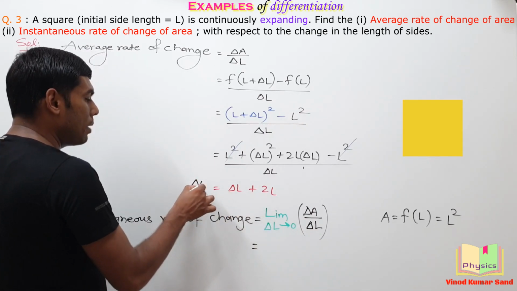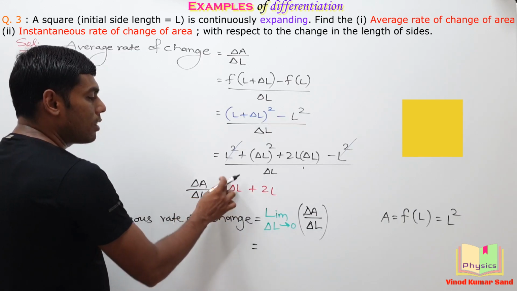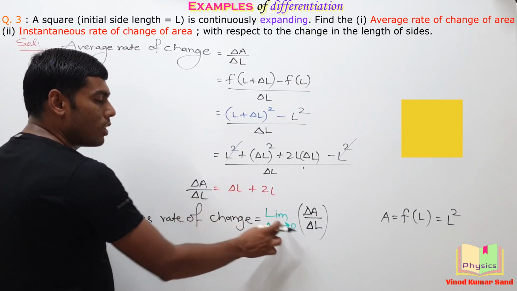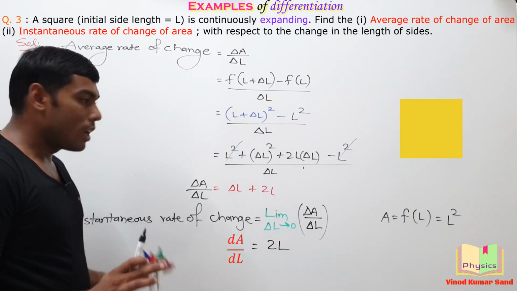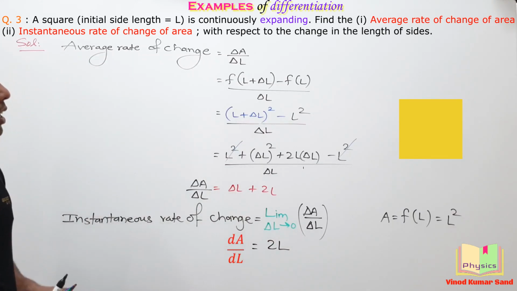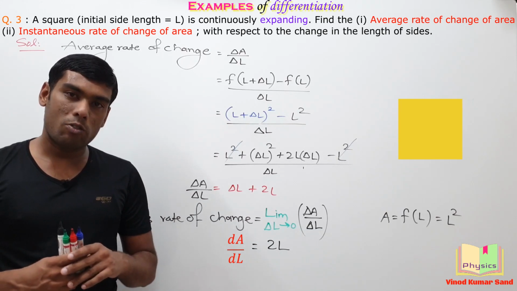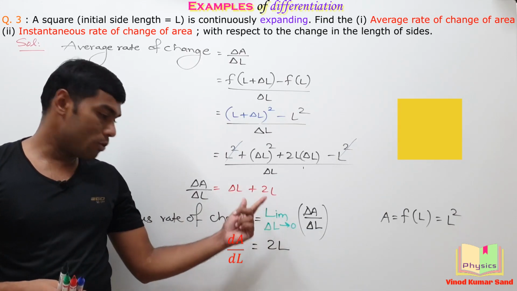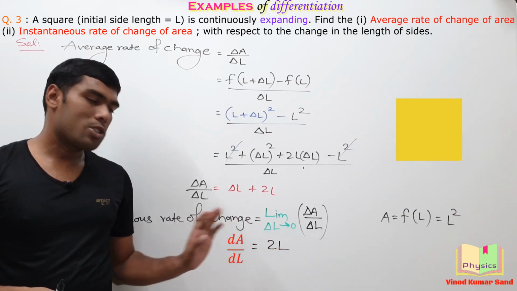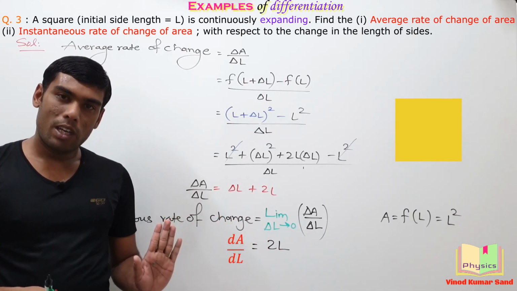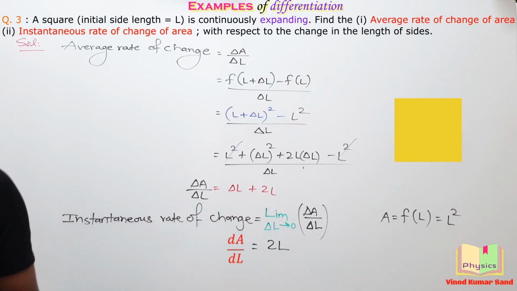So in the del A by del L, if we consider the del L tending to 0, then what will be the remaining answer? 2L. Clear? So it's a pretty simple question. If someone asks you what is the average rate of change of area, this should be the answer. If someone asks you what is the instantaneous rate of change of area, this must be your answer. Okay, note it down.